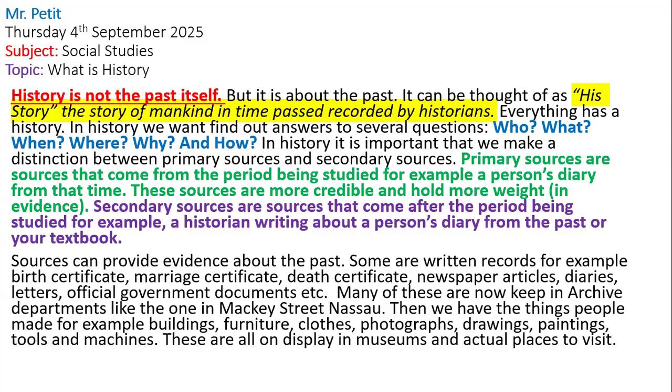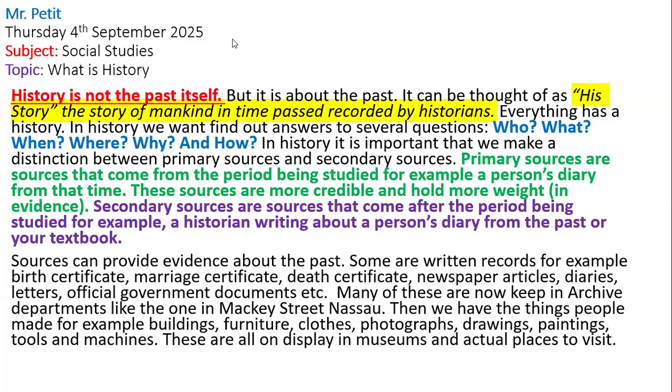Okay. All right. So Rashal, where's Rashal? I'm here, Mr. Badid. Read the second paragraph for me. Sources can provide evidence about the past. Some are written records, for example, birth certificate, marriage certificate, death certificate, newspaper articles, diaries, letters, official government documents, etc. Many of these are now kept in archive departments like the one in Mackey Street, Nassau.